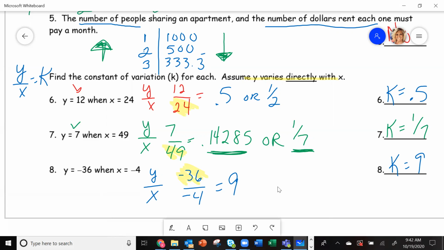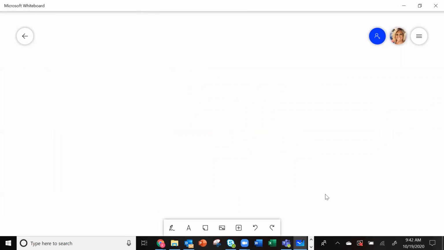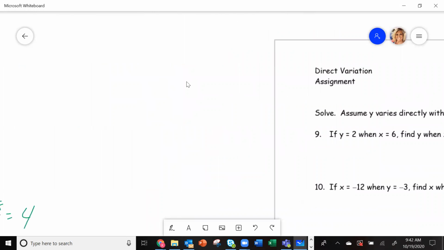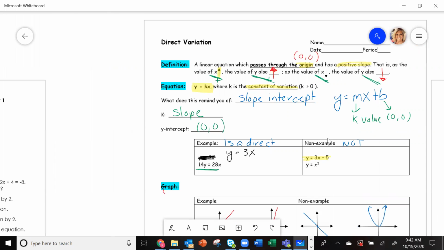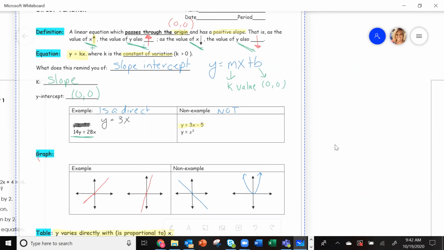All right, let me find the other ones to practice. All right, my screen went blank here. I think I froze it. All right, let's see here. Oh, here we go. All right, not very happy at the moment.